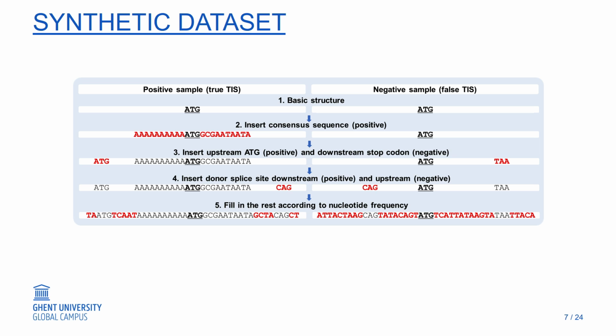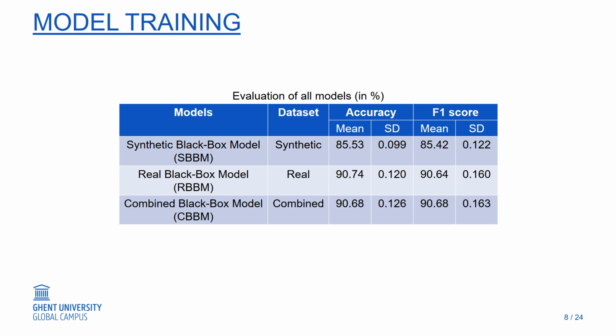An additional feature was used named codon usage, which replaces nucleotide frequency in this workflow, and it adds codons instead of nucleotides. The models SBBM, RBBM, and CBBM were trained using the synthetic, the real, and the combined datasets respectively.